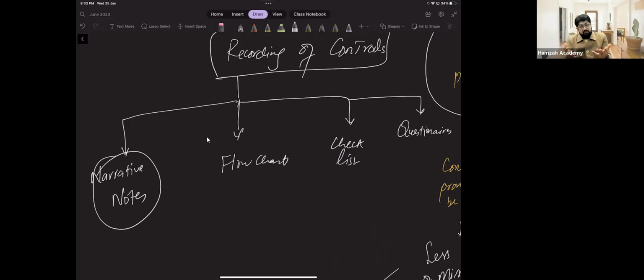Story. But in between, I say, okay, but the purchase department is not checking the prices in the market, so they might be purchasing at higher prices. So I'm commenting on the negative aspect as well. So narrative notes, storytelling.